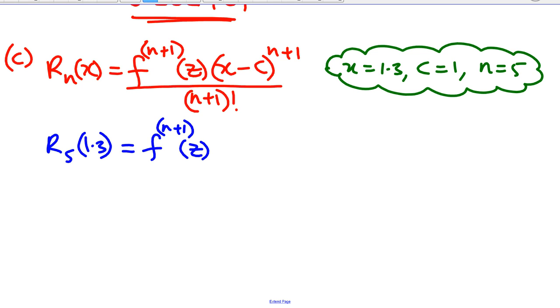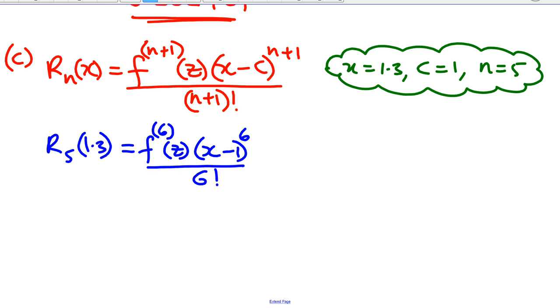Now n is 5, so that will be the sixth derivative at z, and then c is 1, so (x minus 1) to the power 6 over 6 factorial.